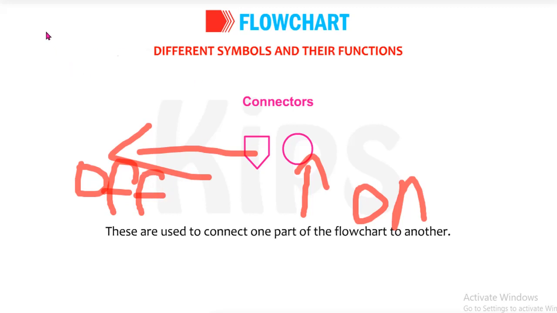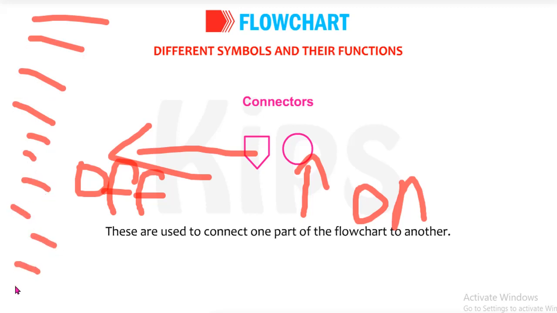Suppose you are writing here in this page, and this page is over, and you go to the next page. So in the last you draw like this, and the next page also. So for connecting, we use these symbols.